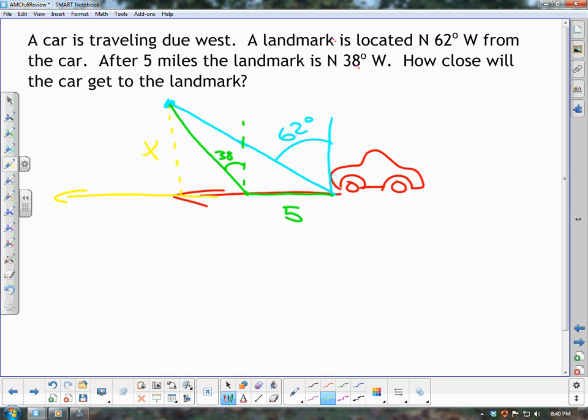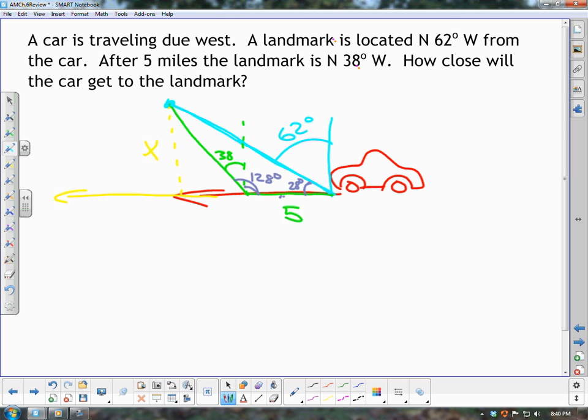Okay, so then this angle total from there to there is 128 degrees, because that's 90 plus 38. If you know this is 5, and this is 62, then this angle right here is 28 degrees. And so now you can figure out either one of these sides, the green one or the aqua one.